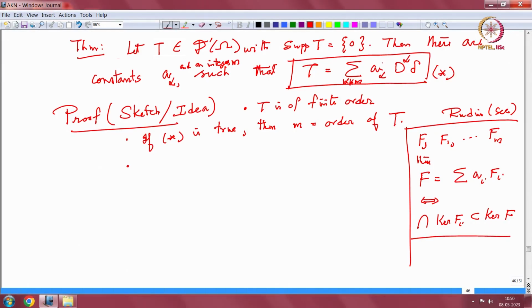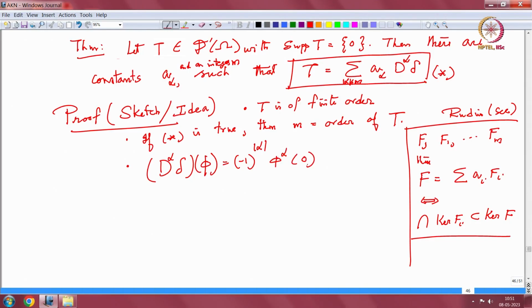So, with this one, look at here. The idea is that d power alpha of delta applied to phi is equal to minus 1 power mod alpha times phi mod alpha derivative at 0.